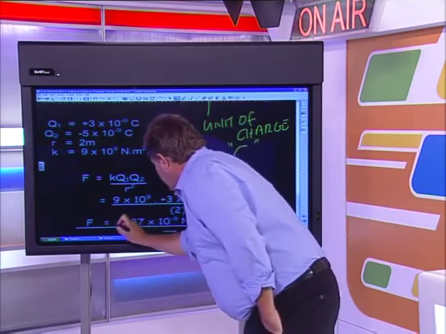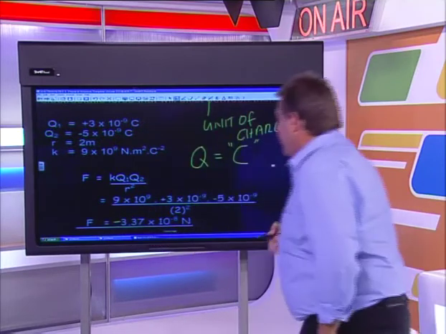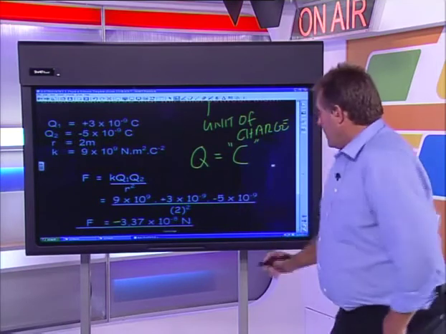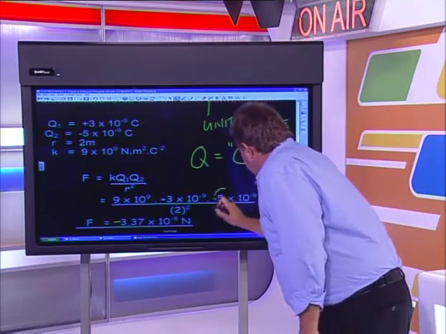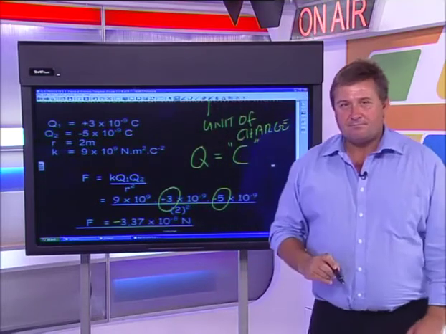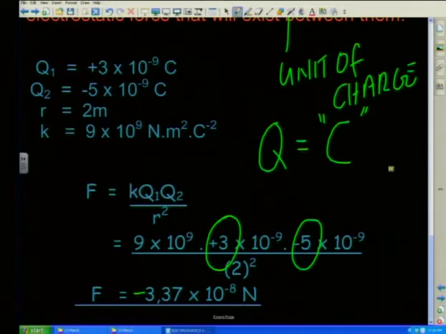There's one little thing that's been left out, and that is it would have come out to be a negative value. Can you see why it's going to be negative? Because we've got a minus 5 and a plus 3, and whenever we multiply a positive by a negative, we get a negative value.